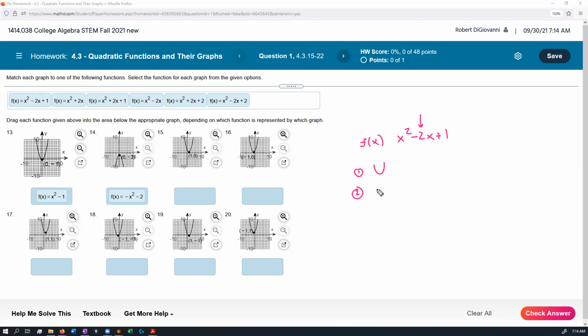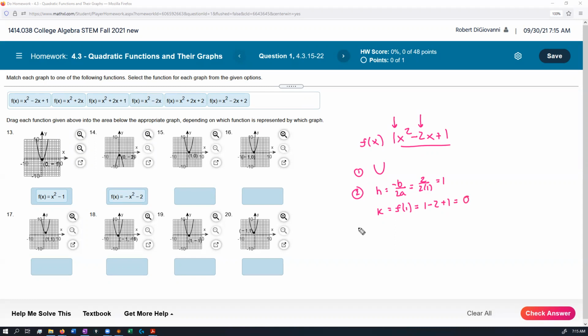So to find h, I do negative b over 2a. So this will be 2 over 2 times 1, because a is 1. And that will be 1. And then to get k, I plug 1 into that function. If I plug 1 into this, I get 1 minus 2 plus 1. And that should be 0.